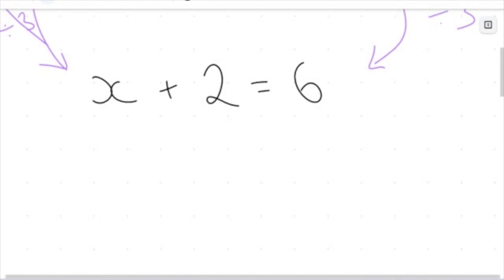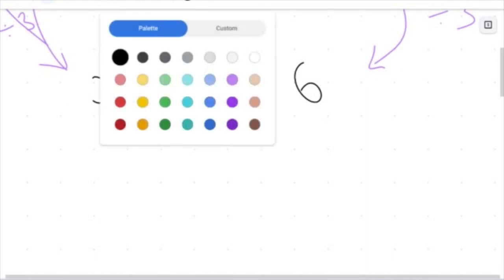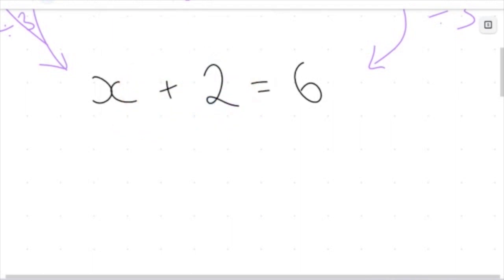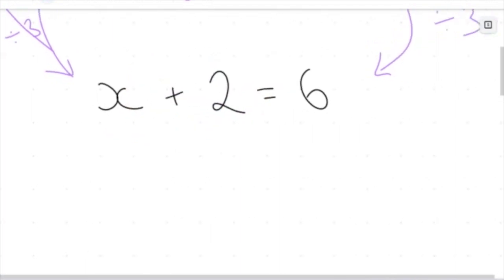And now I have a very simple solving by inspection type of question, where if you know how to add numbers, you can easily see what x is going to be. But let's double check it using what we've done so far. I added 2 to x and I got 6.